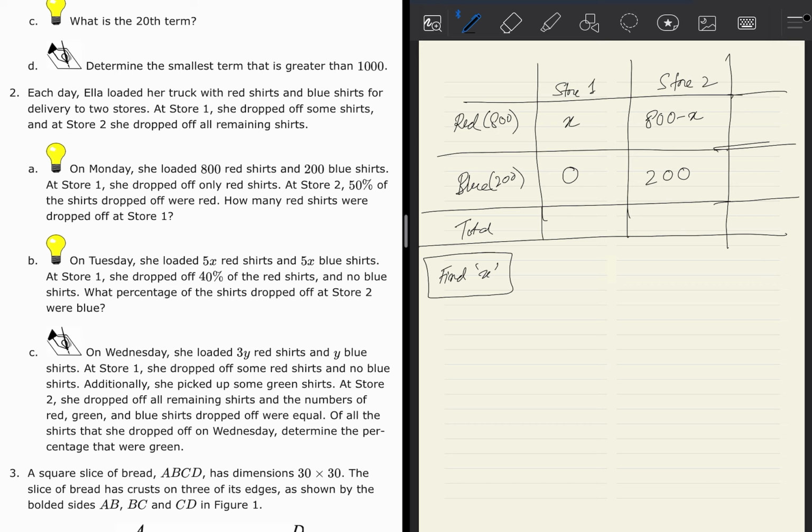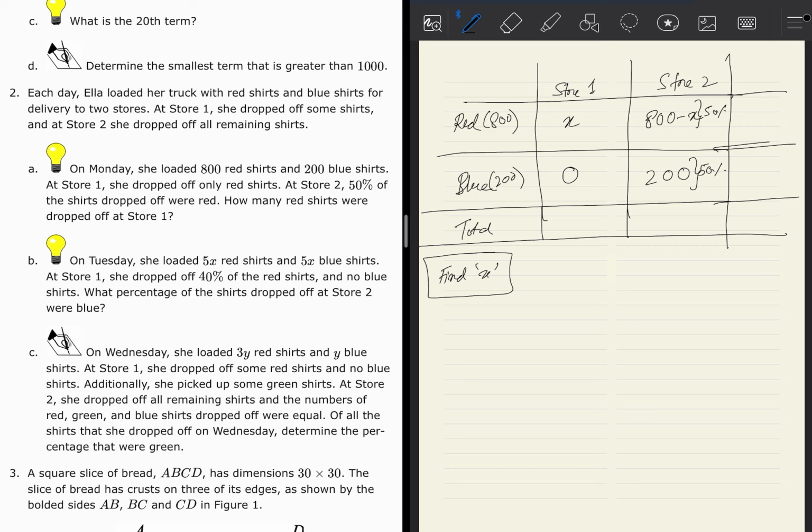But here we have an interesting bit of information that is going to help us solve this problem. What's being told here is that at store 2, 50% of the shirts dropped off were red. That means this constitutes 50%, which also means that this constitutes the other 50%.